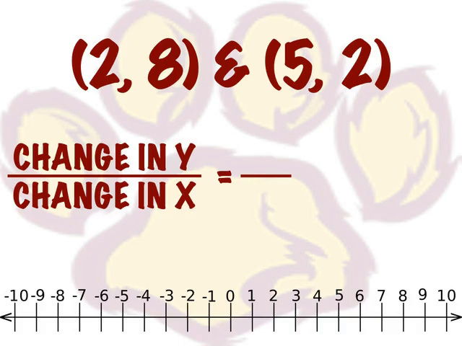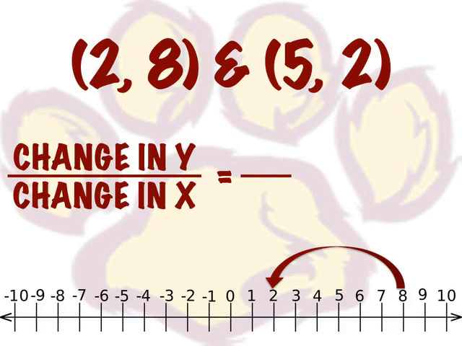Sometimes it gets a little trickier when you're moving down, though. So for our second example, we're going to use the points 2, 8 and the point 5, 2. Again, we want to start off finding our change in y. This time our y values start at 8 and move to 2.